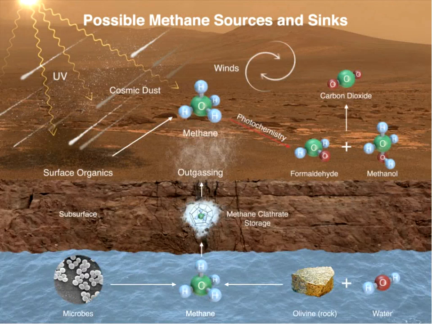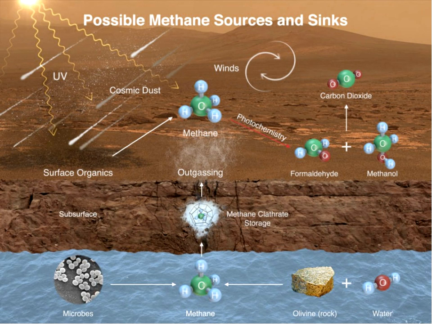So what I show you next is just all the different thinking that's gone on to explain this mystery. So, when you can't explain something scientifically, you kind of go to the drawing board and you think of all the different ways that you might be able to explain it. And so we sent all of our chemists back to the drawing board and asked them what makes methane and what destroys methane on Mars. We call those sources and sinks.